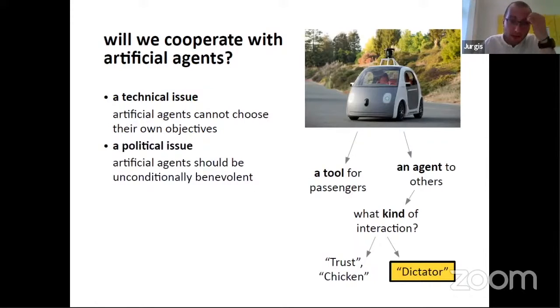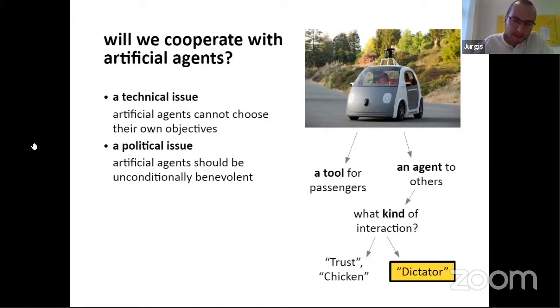Now, the second point is a political issue, and it's related to the first one. The dominant and much publicized view today is that artificial agents should be unconditionally benevolent. Human interests and safety always must come first. Now, this grounds the expectation that in socially interactive settings, artificial agents will be unconditionally cooperative when humans are involved.